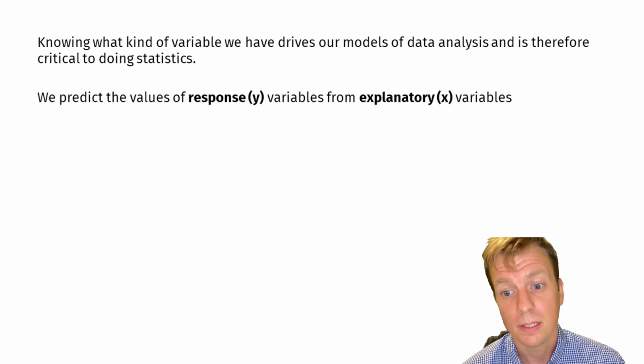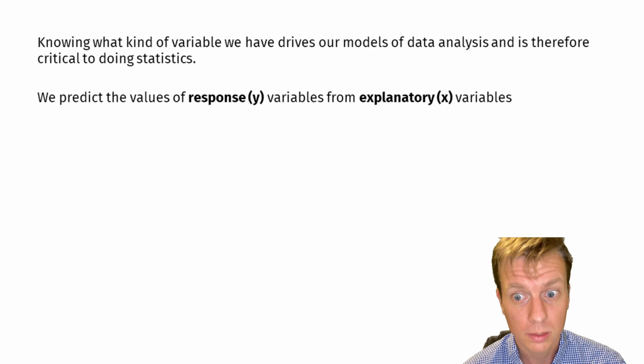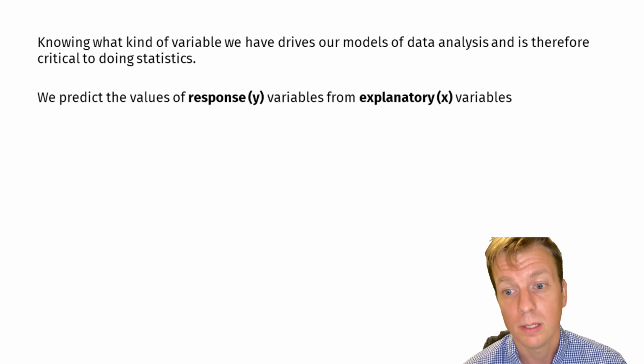In both types of studies, scientists compare variables to answer questions and to test hypotheses, which we'll talk about later. To do this, they test how well one or more explanatory variables, denoted as x, predicts or impacts the values of response variables, which are denoted as y.